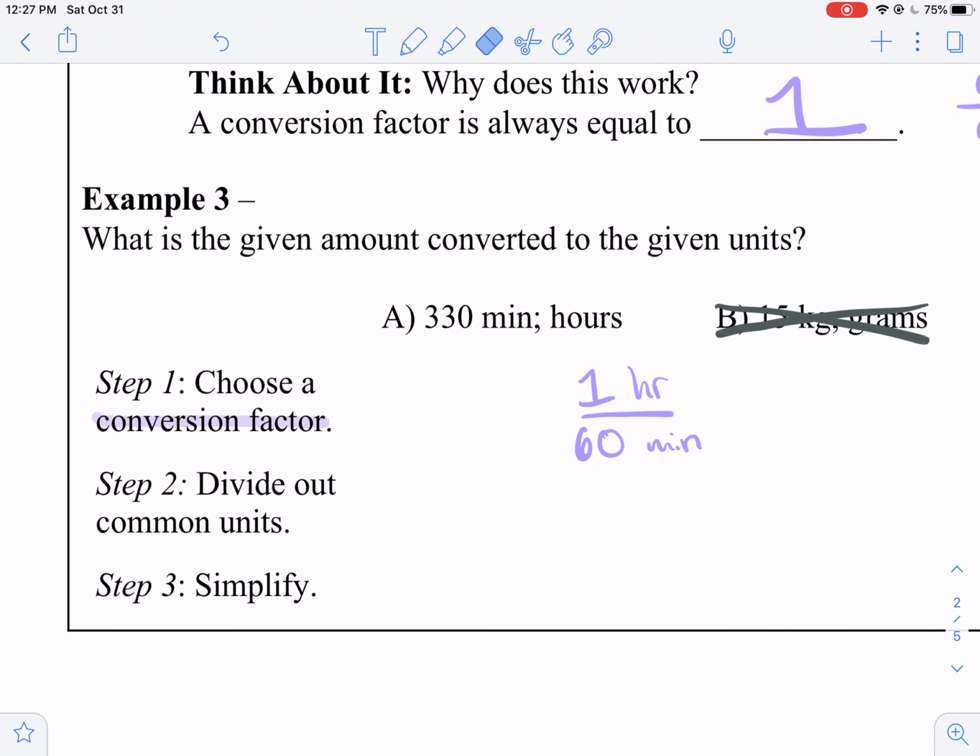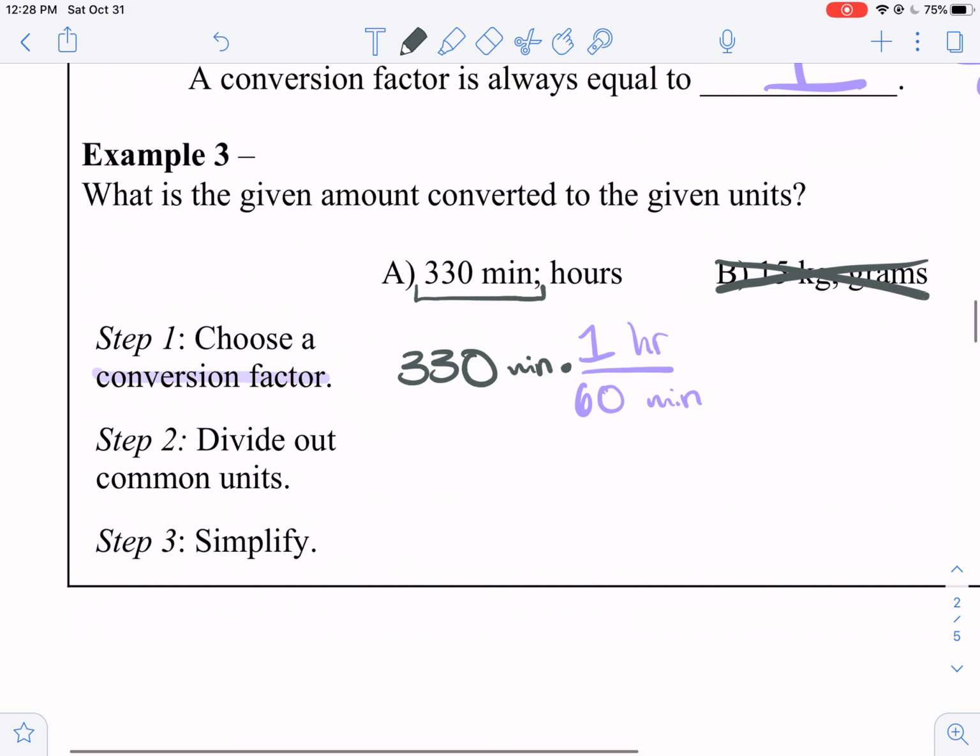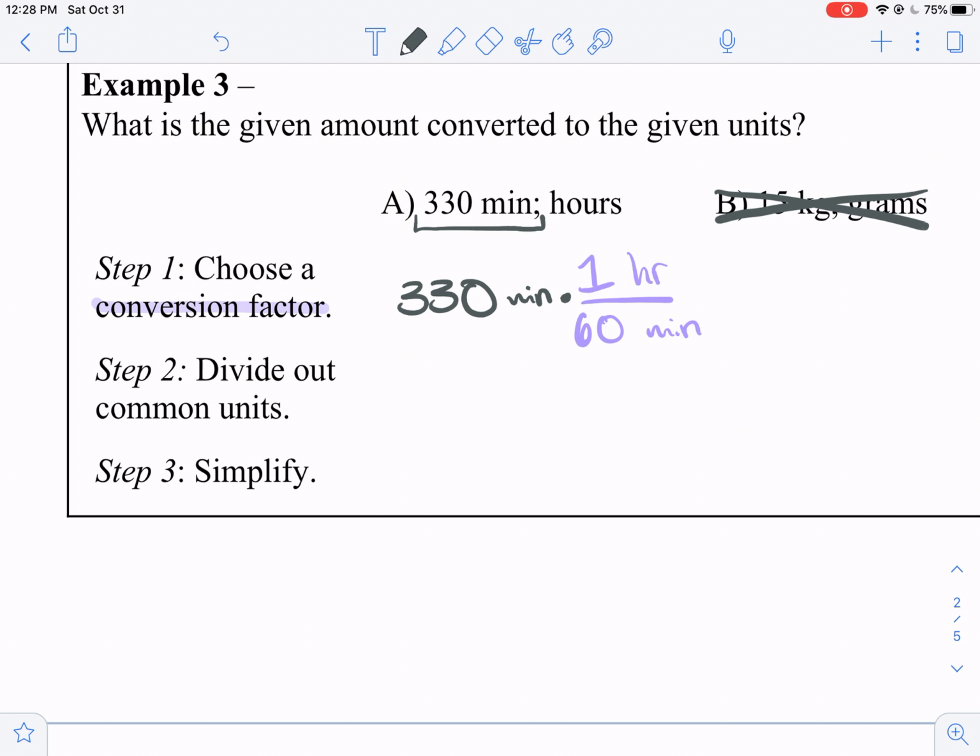Write it as a fraction. And then I will multiply what I started with times my conversion factor. So I'll do 330 minutes. And then remember, we multiply times 1 hour over 60 minutes. Now, if we set it up right, remember that we can always divide by 1 and that doesn't change anything, right?